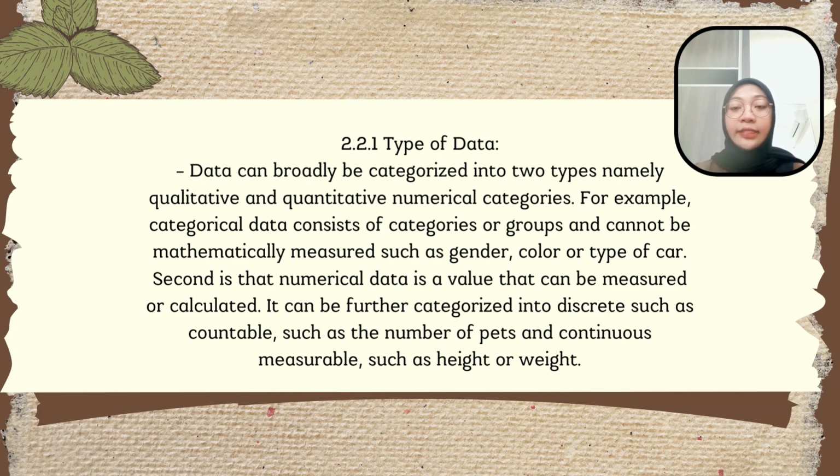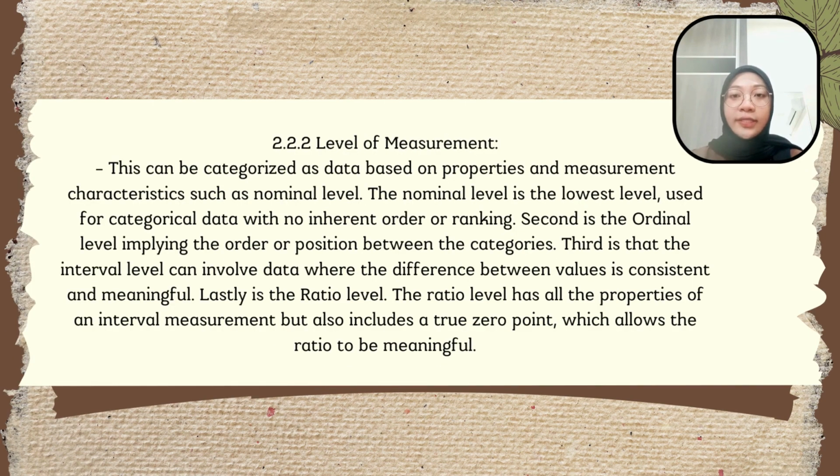Additionally, the detailed explanation of the levels of measurement from nominal to ratio adds depth to the discussion, elucidating the nuances in the properties and characteristics of each level. It effectively conveys essential information in a structured manner, contributing to a solid foundation in research methodology.